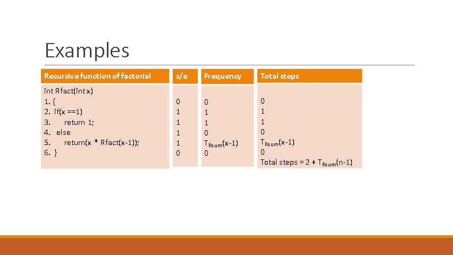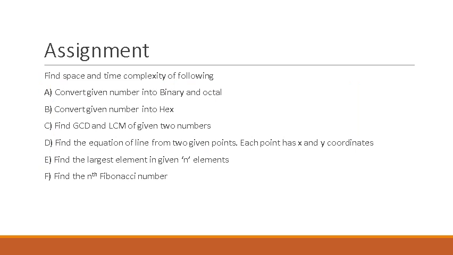This way we can find time complexity and space complexity for every program we write. Recall that space complexity has fixed space requirement and variable space requirement. As fixed space is allocated at compile time only, while calculating space complexity we just consider the variable space requirement.